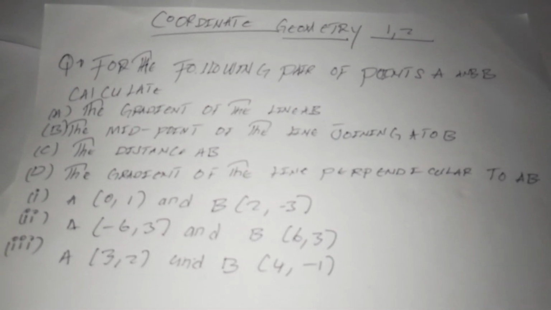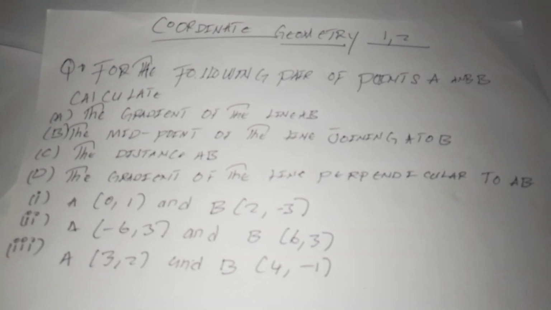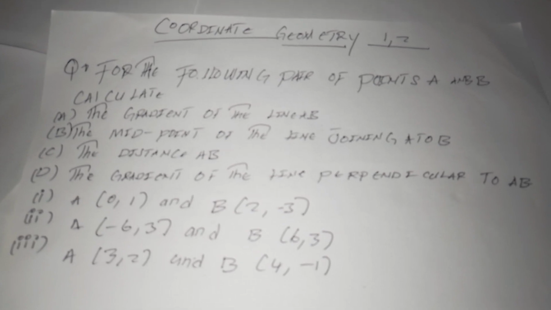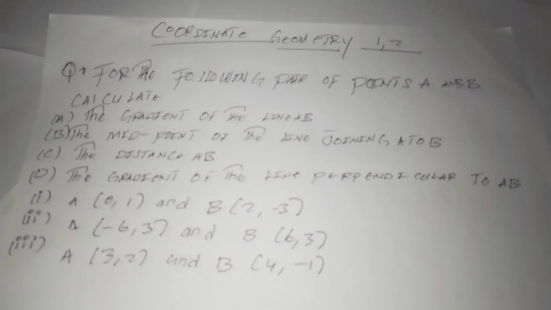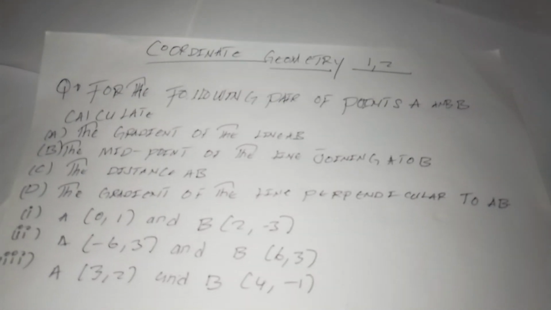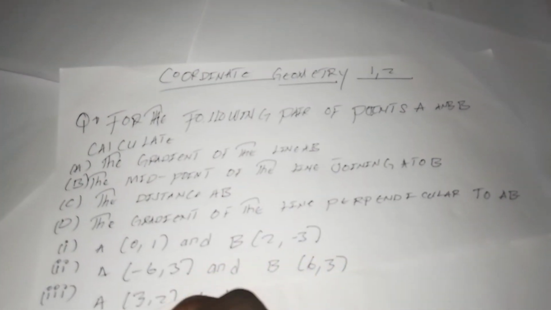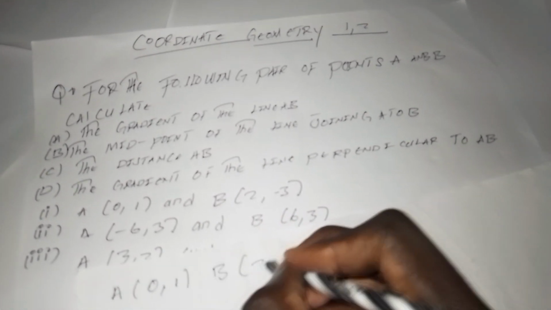So I've got the first question, Roman numeral 1, going to say A with the coordinate of 0, 1, and B with the coordinate of 2, -3. So what I'm going to do, let's get these coordinates: A (0, 1), B (2, -3).